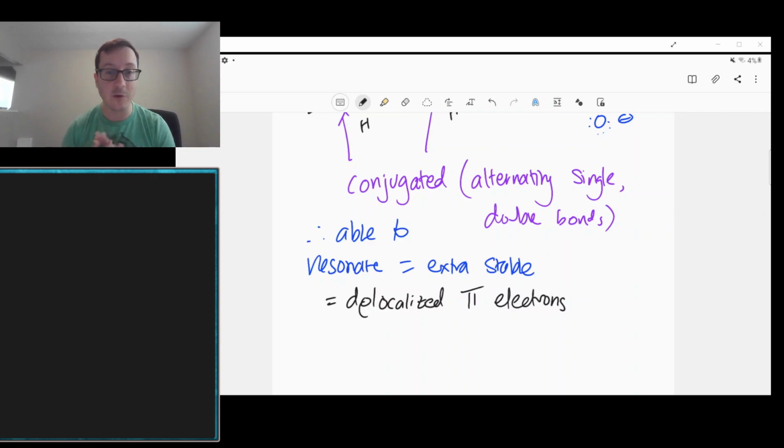It's only the pi ones that are able to move about because they're not as strong. So they're able to delocalize, but we don't see that with sigma bonds. All right, so it's also the reason that we're able to see all this stuff from conjugation and double bonds. It's all very biologically relevant as well.